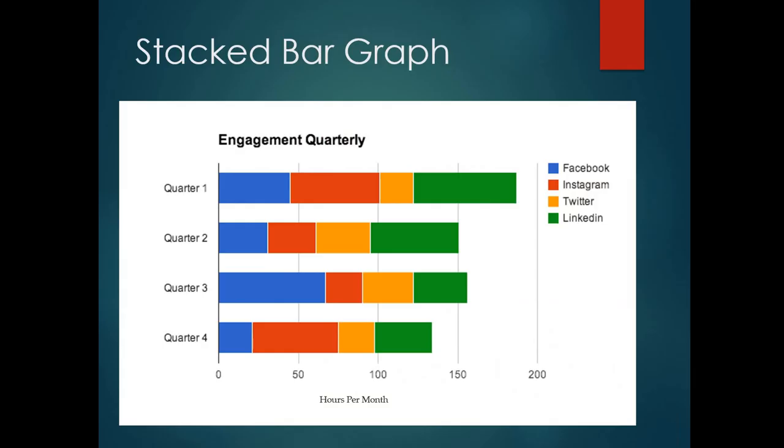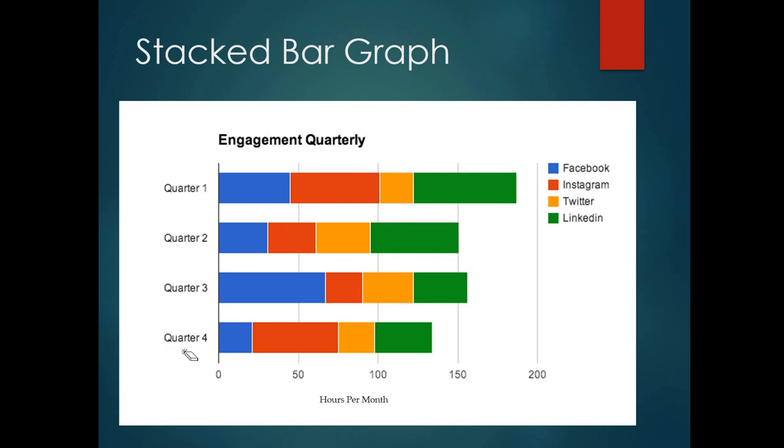One subset of a bar graph is the stacked bar graph. And this is when you want to add another category to your already categorical data. And you can take the values and stack them on top of each other. So in this example, we have the quarters of the year, and then we have how many hours per month people used Facebook, Instagram, Twitter, LinkedIn, and then you can compare those to each other.